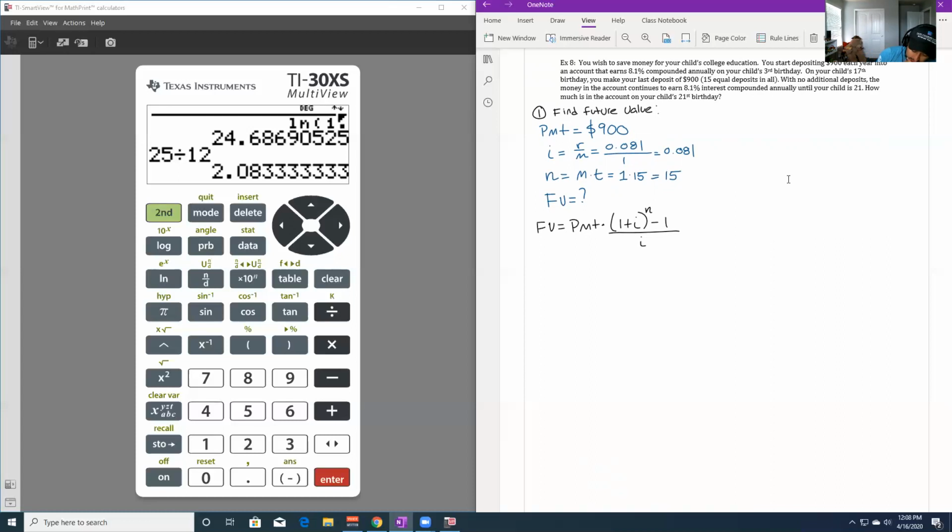Okay, now we have all the pieces, plug them in. So we get future value equals 900 times 1 plus 0.081 to the 15th minus 1 over 0.081. Okay, and let's type it in the calculator to get our future value.